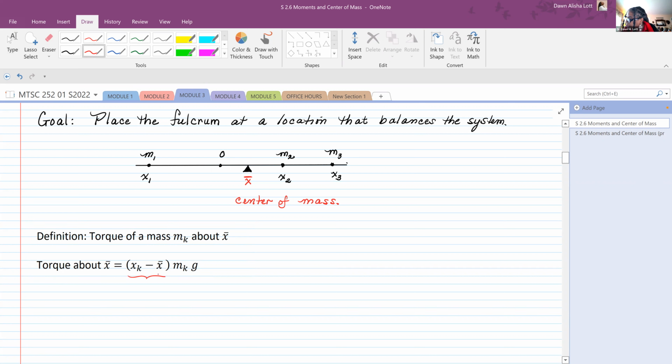I say signed difference because it depends on which side the mass is on. If it's on the right side of X bar, then it'll be positive. If it's on the left side of X bar, then it will be negative. This is the downward force due to gravity.